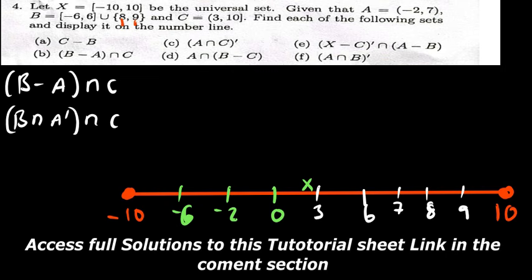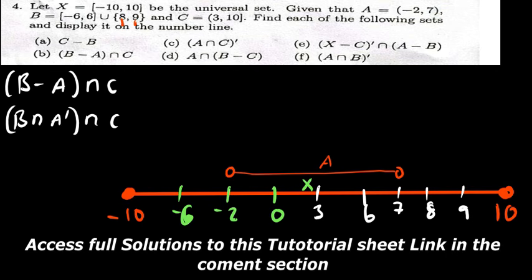So let us first write A complement. So A complement, we are just excluding negative 2. And so A is basically, I'm going to write just a faint one to show you where A is. A is from negative 2 to 7. So A complement, that is A. We're not interested in A, but we're interested in the complement.